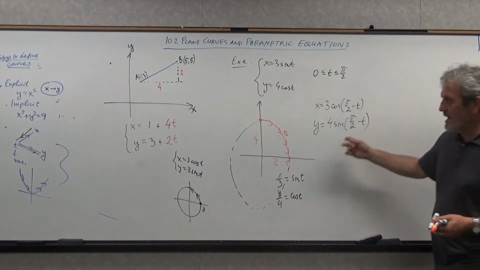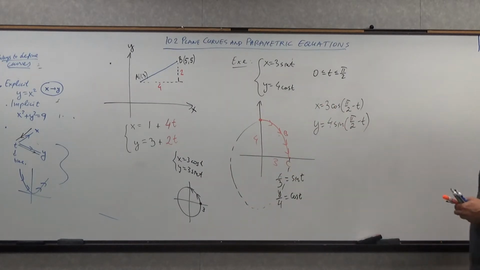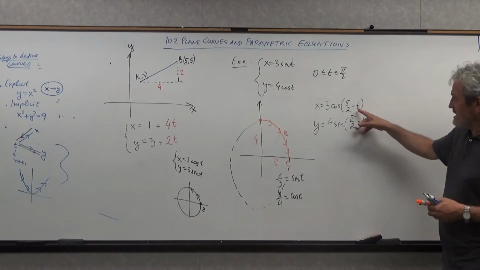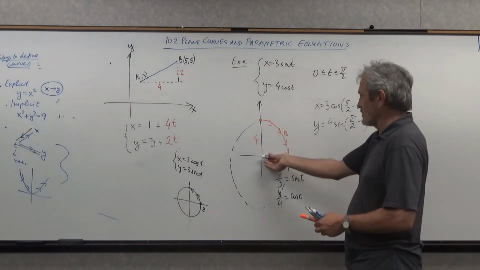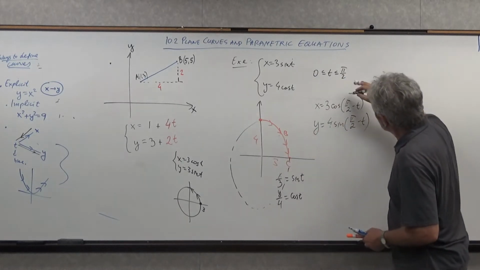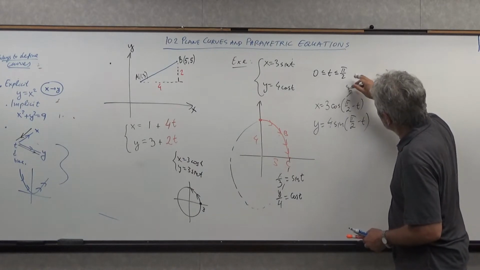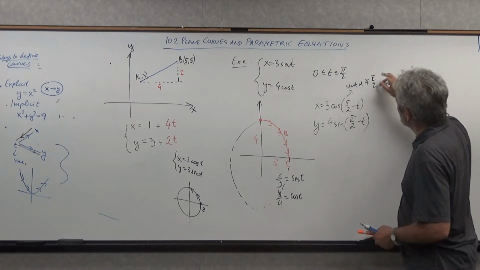So if I look at my main equation, what did I do here? Besides that little stretching on y, I actually did the following. My start time when t is 0 is not 0, it's pi over 2. So that's why I don't start drawing here. My start time is pi over 2. So start at angle pi over 2.